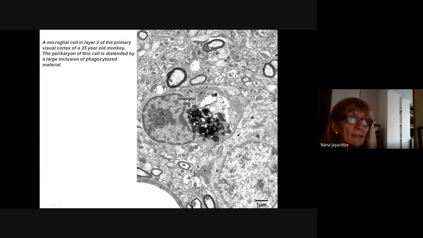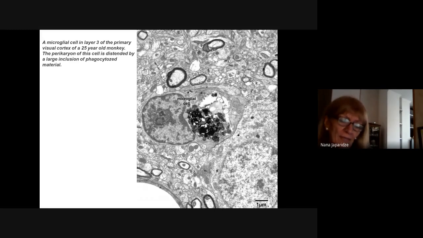So what you see here is the microglial cell. Do you remember the microglial cell? Roughly, this is the macrophage of the central nervous system, with a little bit different origin.